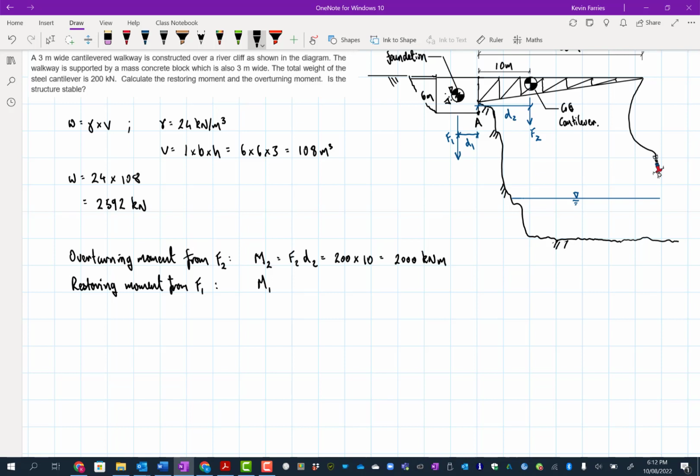So M1, I should just put the direction on this, so it's that way, is equal to F1 times D1, which is just equal to W times D1, which is equal to 2,592, and the position of this will be smack bang in the center, so it's times 3, which is equal to 2,592 times 3, 7776 kilonewton meters.